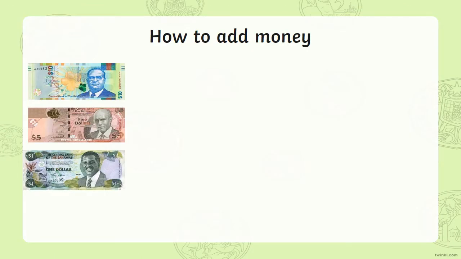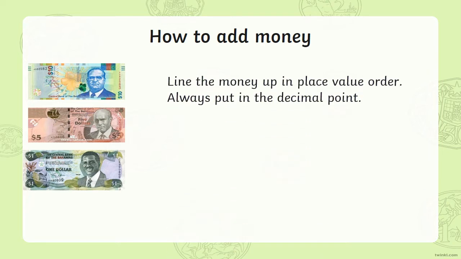Now, when we're looking at money, adding and subtracting, here you see a $10 note, a $5 note, and a $1 note. The first thing you are to do is to line up the money in place value order.